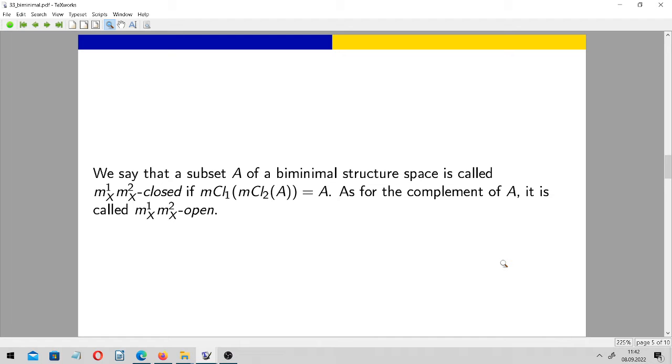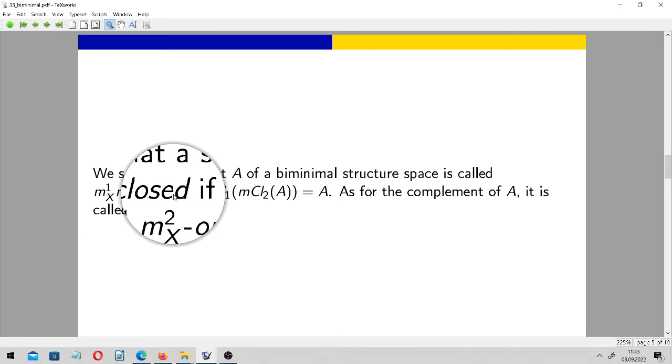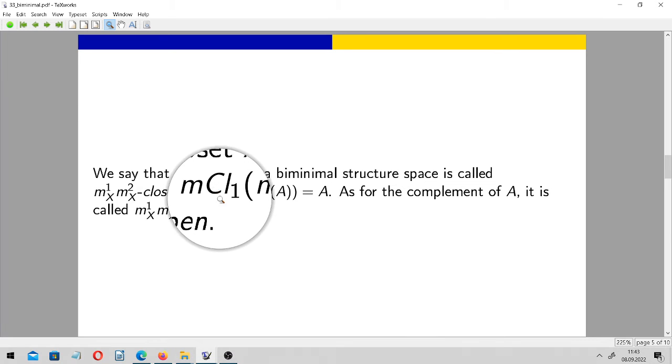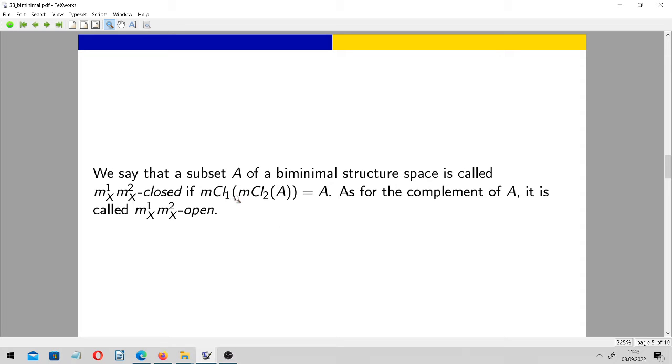All those definitions are taken from the initial paper by Boonpok and from other papers on this topic; they are not our own. We say that a subset A of a biminimal structure space is called M1, M2 closed if the closure with respect to the first minimal structure of the closure with respect to the second of them is A. Sometimes we may use the notion of Mi, Mj closed; this will be later.